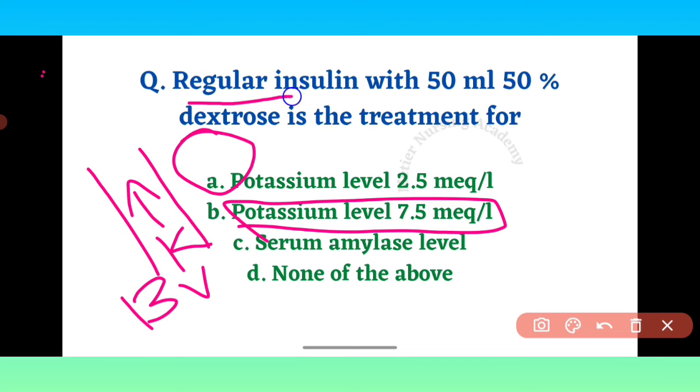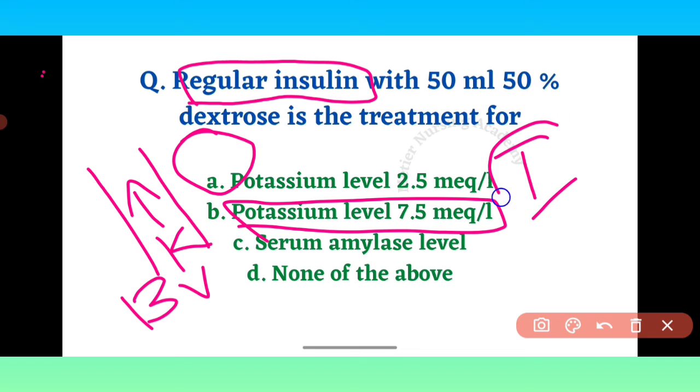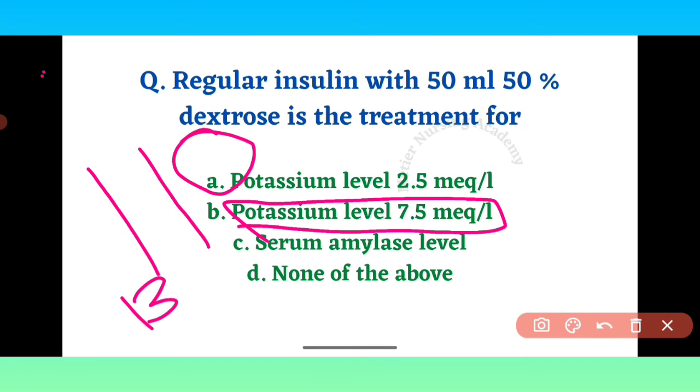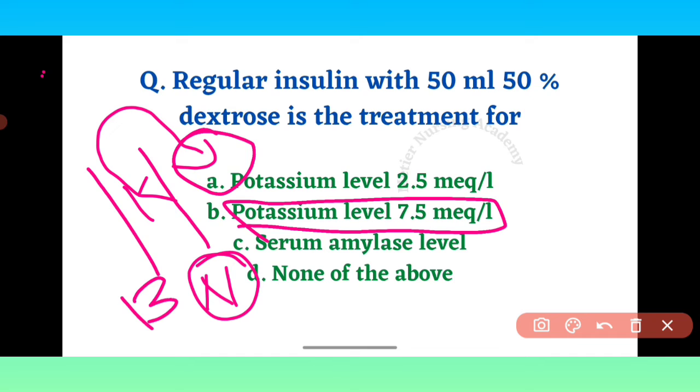If you administer regular insulin to the patient, the insulin will take the potassium from the blood vessel into the cells, so that in the blood vessel the potassium level will become normal. That is why we give insulin with 50% dextrose for the treatment of hyperkalemia.